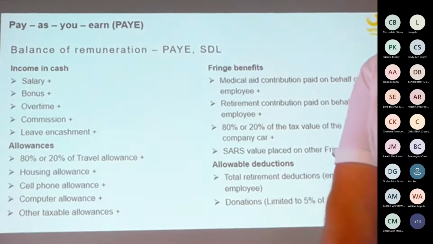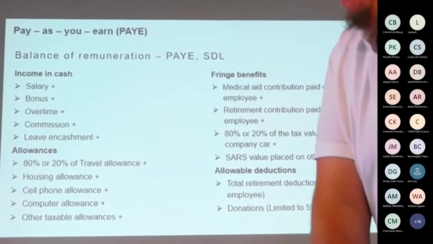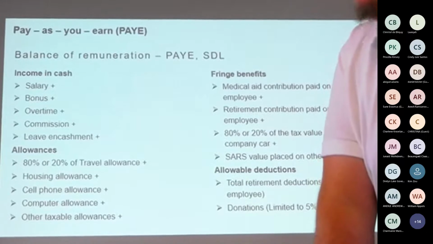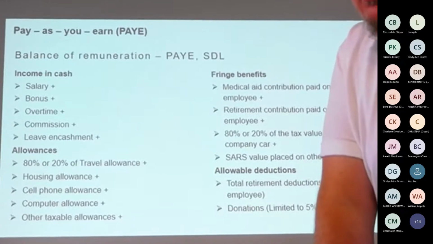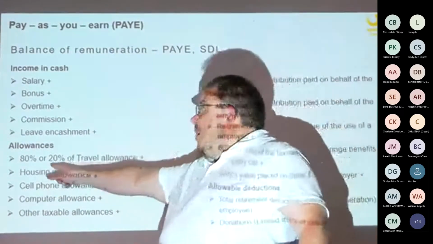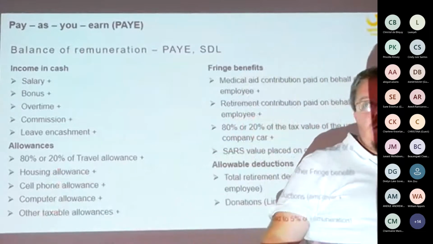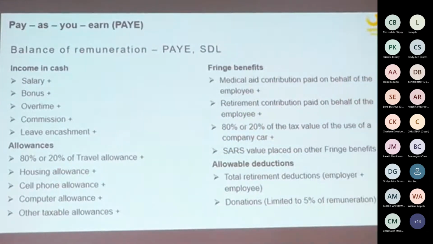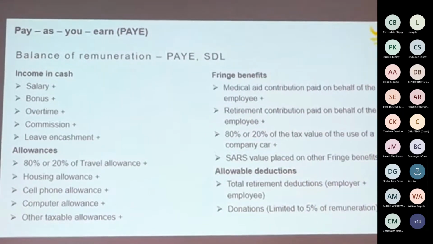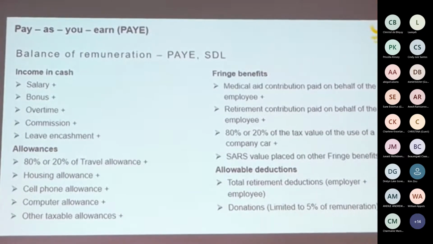If your business kilometers is 80% or more of your total travel, then only 20% of your travel allowance is taxed.